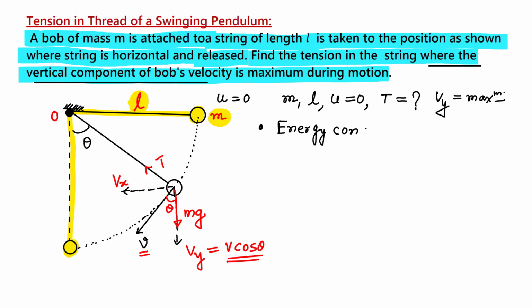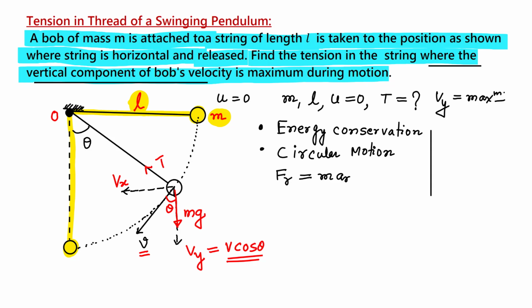One equation will come from energy conservation and another equation will come from circular motion. In circular motion you will write force in the radial direction is equal to mass into acceleration in the radial direction. So let us take these hints, pause this video and solve this problem.